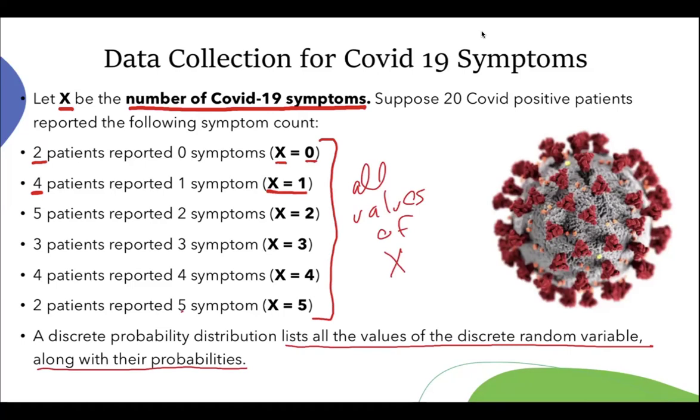So the table that we're going to be producing next is going to range from X equals 0 to X equals 5. We are also going to associate each value of X with its probability, the probability of it happening, and all those probabilities are going to sum up to 1.